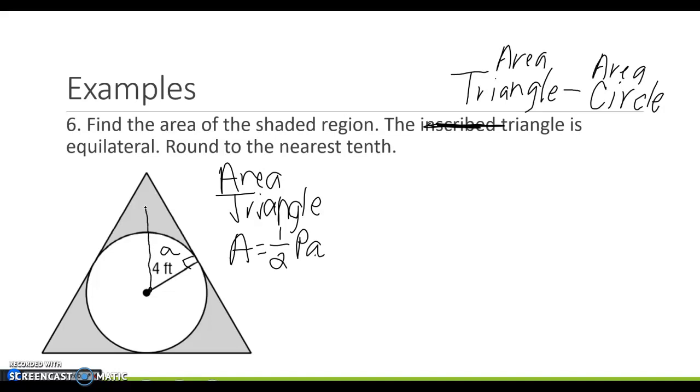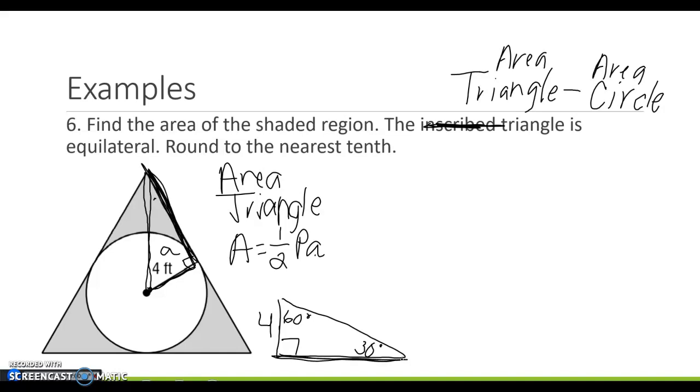So I'm just going to finish this right triangle here. Okay, so that would be kind of like my right triangle, keeping in mind that this angle, let me redraw it. So that would be my 4. This angle is 30, and this angle is 60. We need this side, my longer leg, in order to find the perimeter.